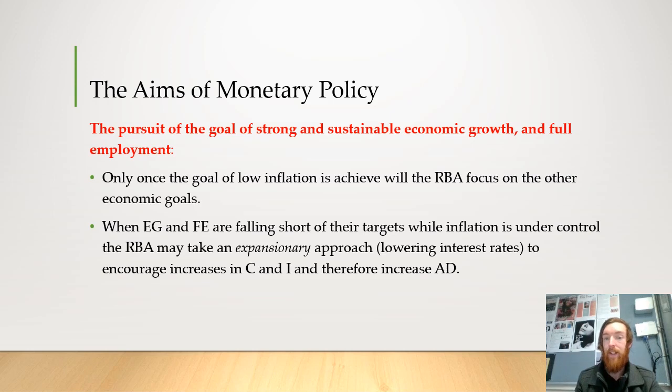So for businesses, this can lead to both economic growth and full employment being achieved, because if they're investing and expanding, they may need more labor resources to satisfy that expansion, therefore helping with full employment. But also, that's going to lead to greater levels of production and therefore greater levels of economic growth as well.